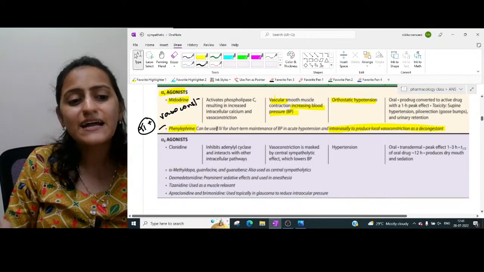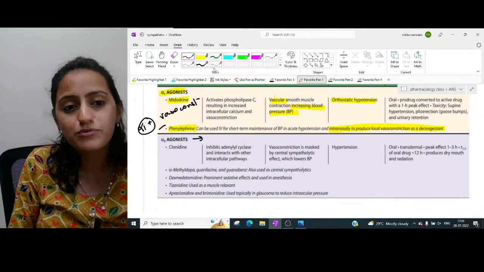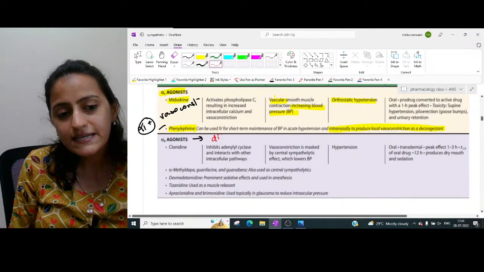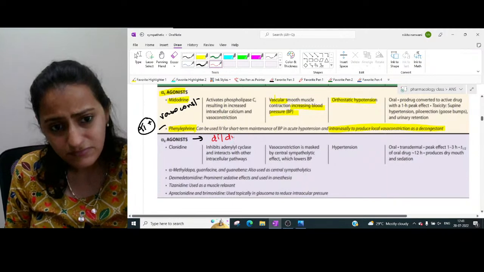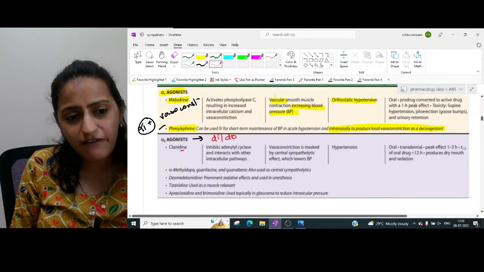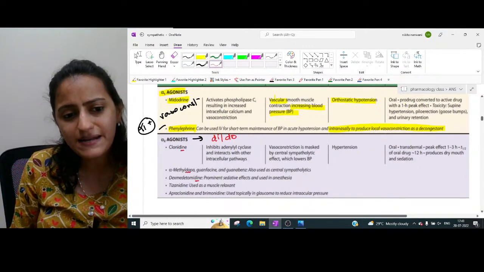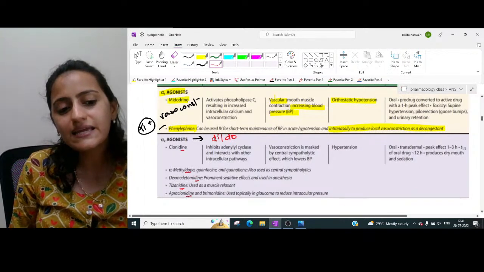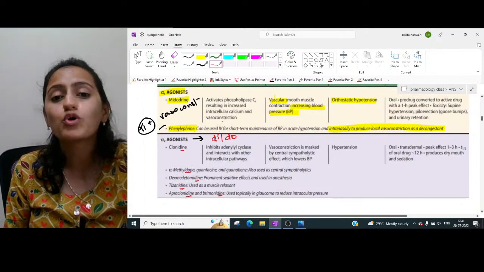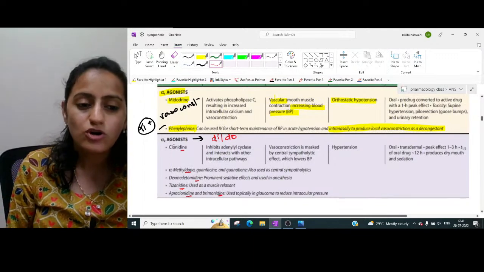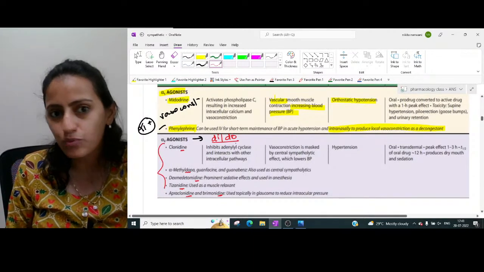The next that we have alpha 2 agonist. How do we identify alpha 2 agonist? Either by di or do. So you have clonidine, alpha methyl dopa, dexmedetomidine, tizanidine, apraclonidine, and brimonidine. So all of these are basically di ya do wale drugs.